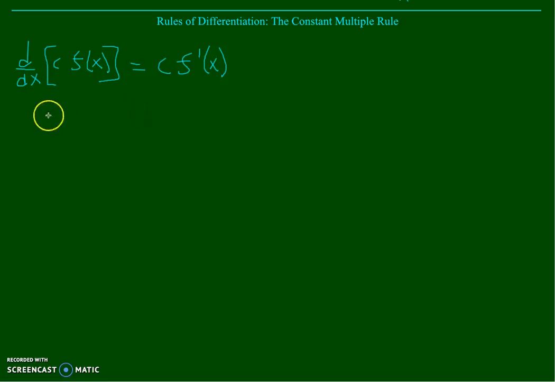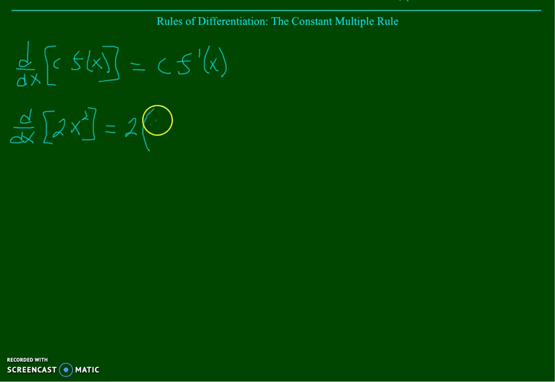And to show this with a simple example, let's do the derivative with respect to x of 2x squared. That's going to equal, let's pull out the 2 and take the derivative of the x term.